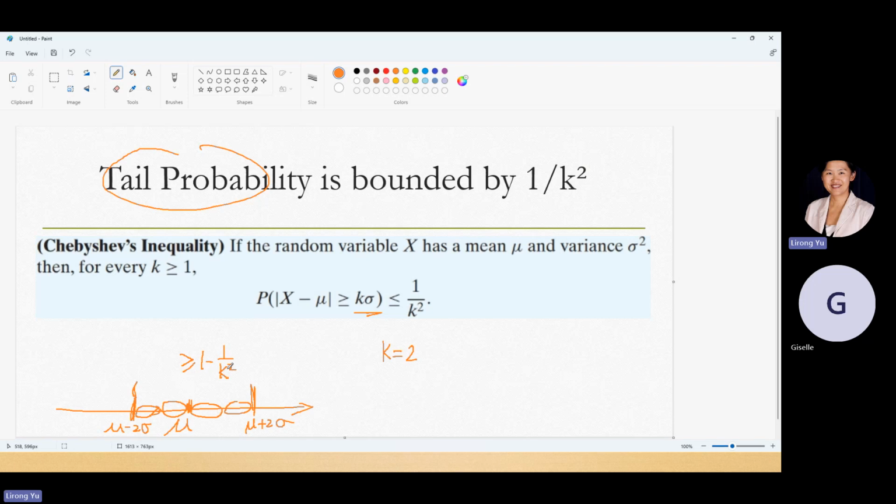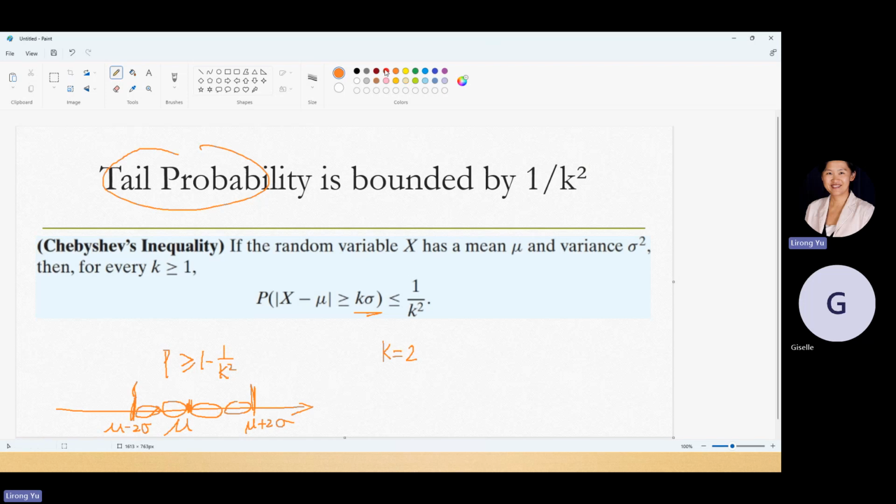Doesn't matter what the distribution is, it could be bell-shaped or exponential, but the middle is the most. We don't know exactly what the percentage is. Let me just call that P. The middle percentage is bigger or equal to 1 minus 1 over k squared.